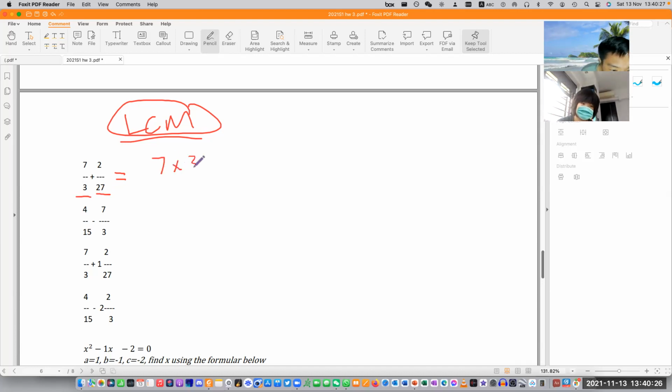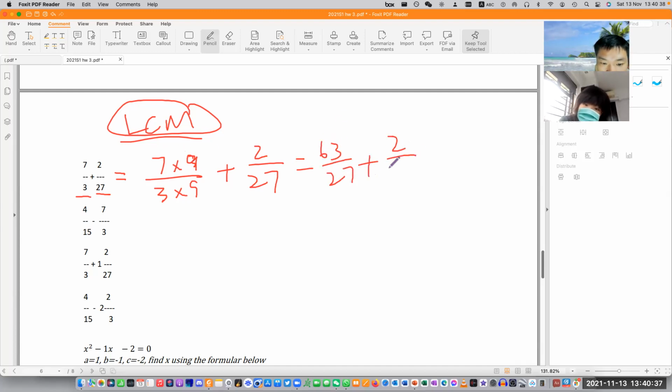So you times 9, and for the second fraction, you don't need to do anything. So you have 63. That's how you show your working clearly.